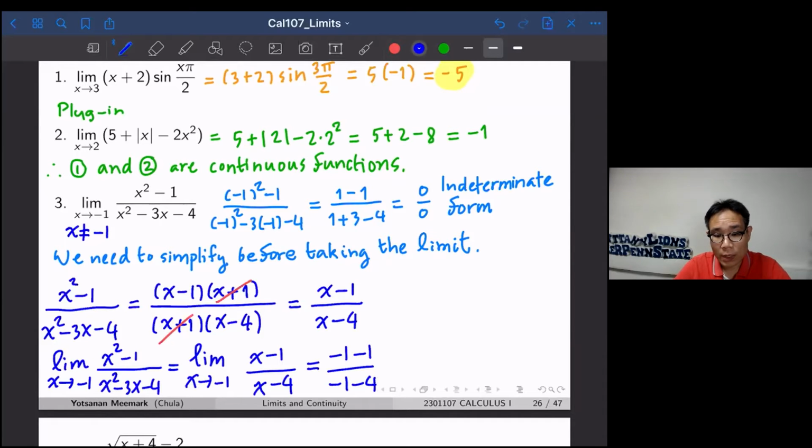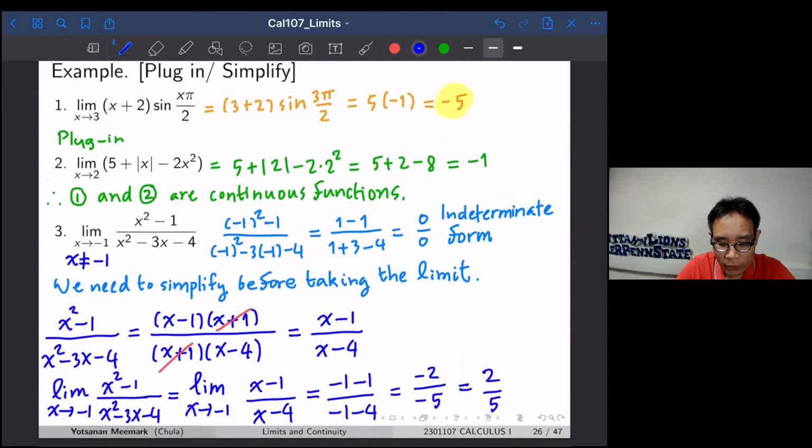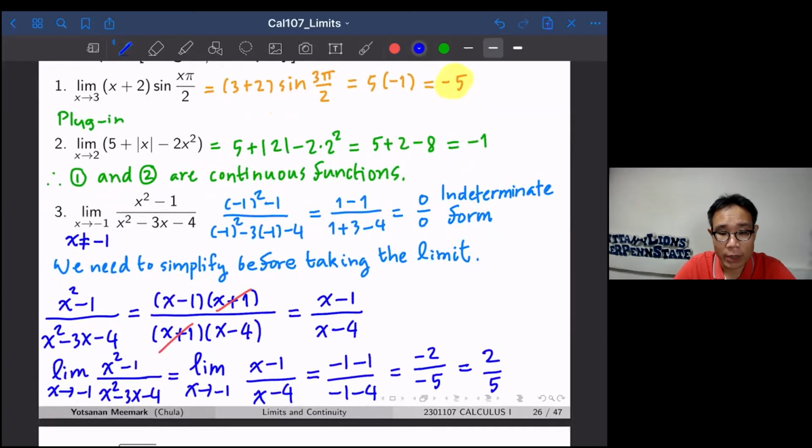We no longer have 0 over 0 because we got rid of the problem, which came from the term we already cancelled. So you get negative 2 over negative 5, which is 2/5 for your final answer. This is for number 3. The key concept here is to simplify before taking the limit.